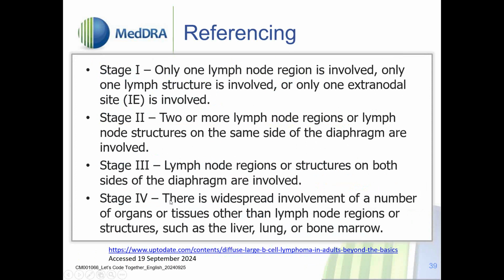But in stage 4 of the DLBCL, the tumor has spread to organs or tissues other than lymph nodes, such as the liver, lung, or bone marrow, meaning that in stage 4, DLBCL does not specifically spread to the CNS, but may also affect other organs. This stage 4 classification does not fully cover what has been reported in our case.